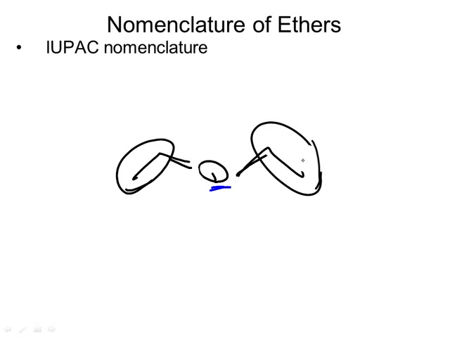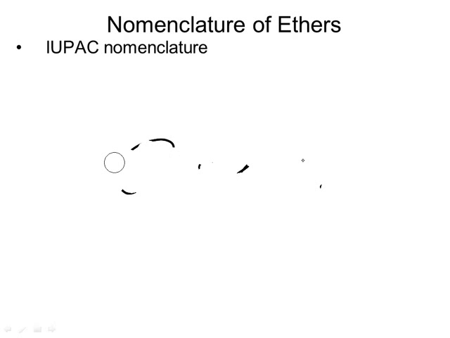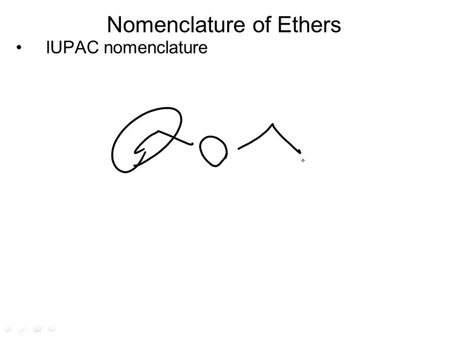Okay, so let's just pick one. Let me redraw the structure again. I'm just going to pick this one as my longest chain. Now we start numbering nearest the carbon that has the oxygen bonded to it. So it might help if I drew the same thing this way.